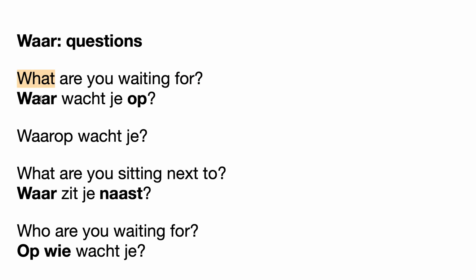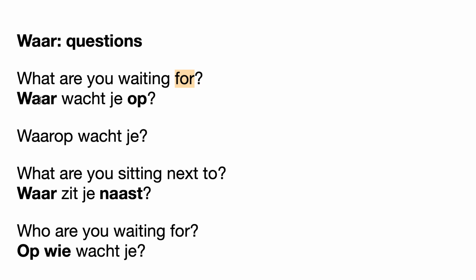Why in anyone's name is wat becoming a waar here? I mean, it should be what, right? What are you waiting for? Wat wacht je op? And no. If you're using what in combination with another preposition, then the what will turn into a waar.